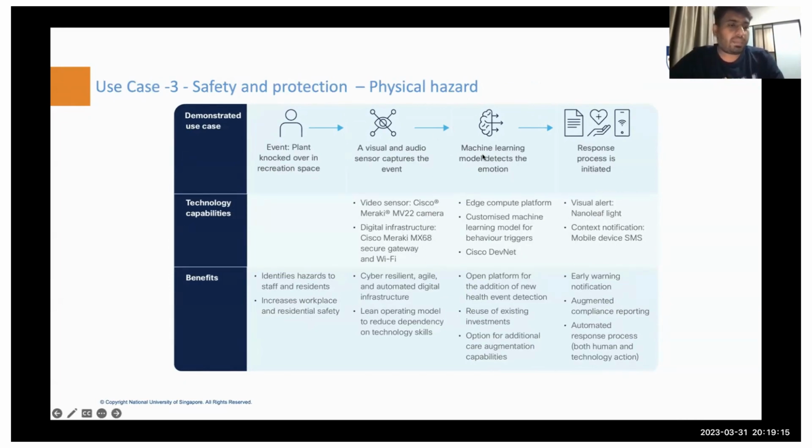In a hospital where a patient is staying, there might be some equipment which might cause disturbance to the patient. It might be a physical hazard, or an electrical one, or a sensor, or something else. So we need to observe that, detect those kinds of errors and hazards, and alert the people.